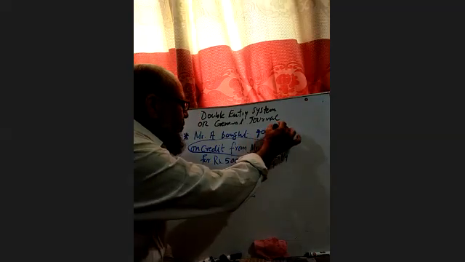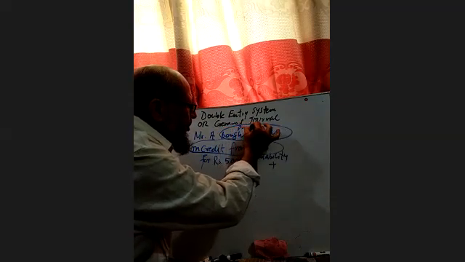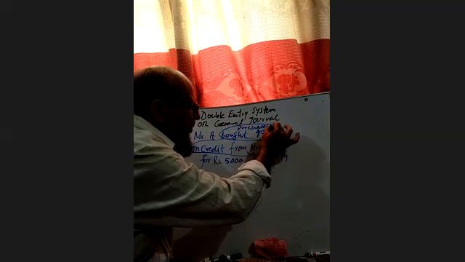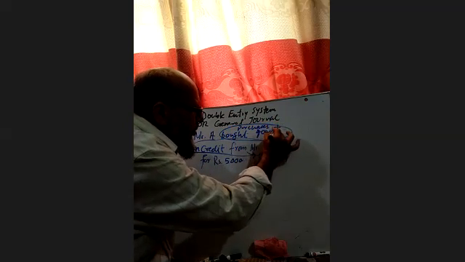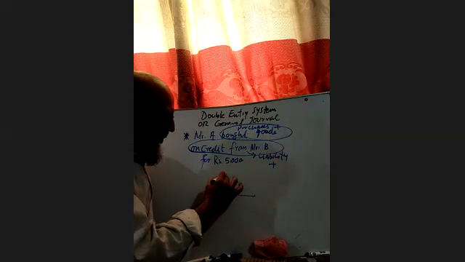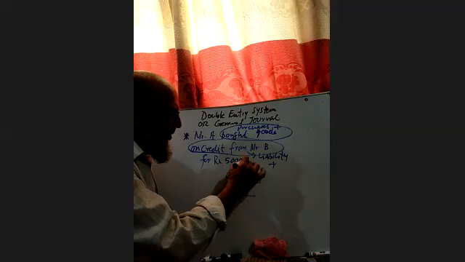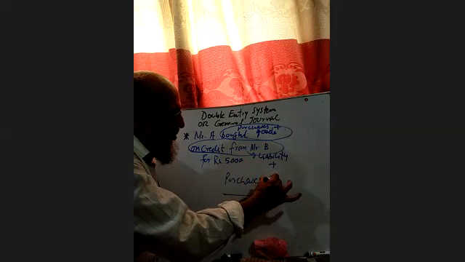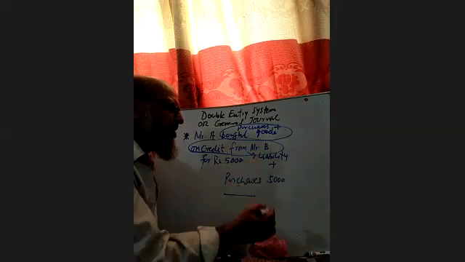And you bought goods, that is your purchases, and purchases increased. So purchases debit by 5,000 and your liability also increases.